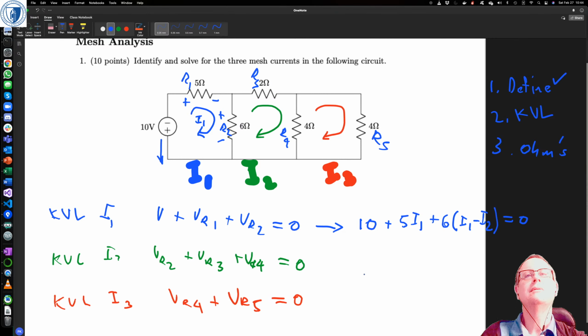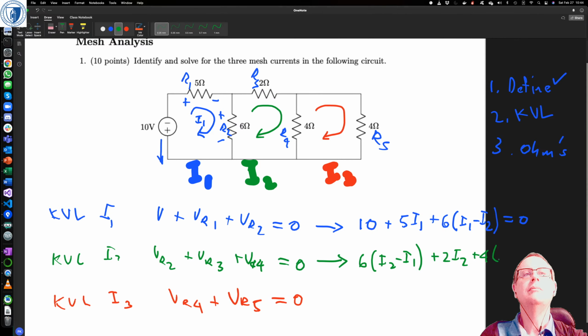Okay, sounds good. So next one, KVL for I2. For the next one, I have 6 into parentheses I2 minus I1 plus 2I2 plus 4 into parentheses I2 minus I3, and that equals 0. Very good. Okay, and the last one.